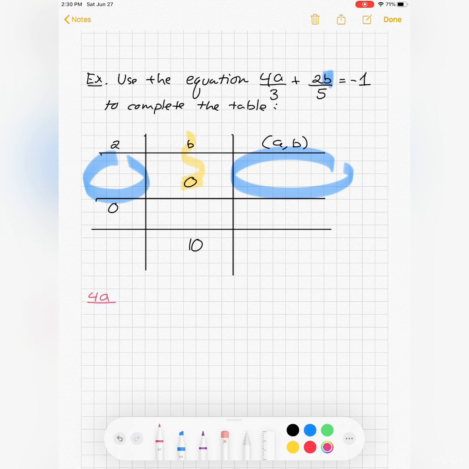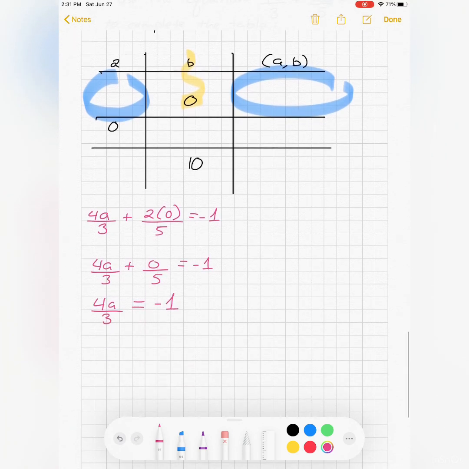So 4a over 3 plus 2 times 0 over 5 equals -1. 2 times 0 is 0. 0 things divided by 5 people is 0.